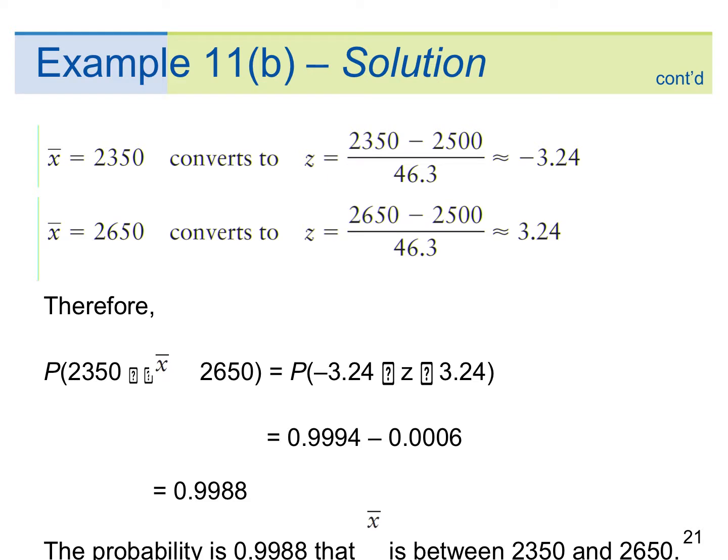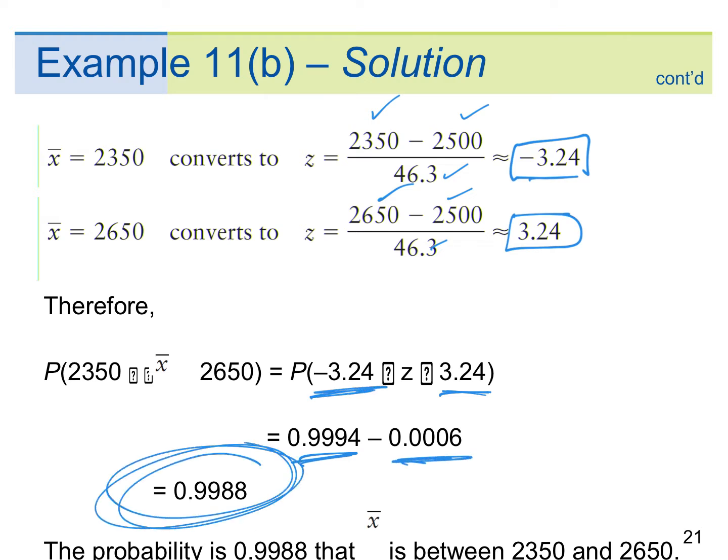Here's the work. 2350 minus the 2500 divided by 46.3. That's what we yield. Do the bigger number. That's what we yield. Don't worry about them being the same numbers. The book does that for some reason. I never give the same values. Look up the big number and get .9994. Look up the small number, get .0006, and subtract.